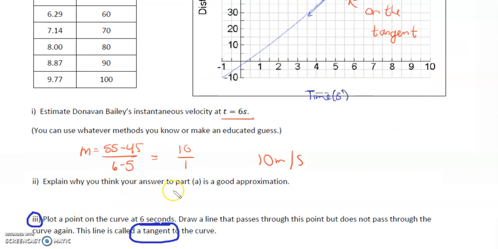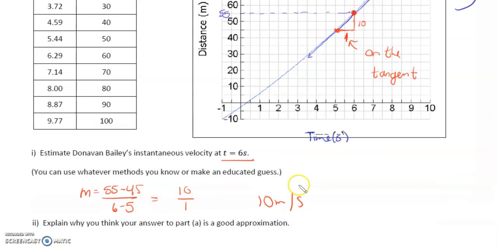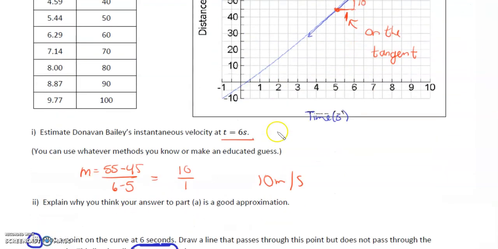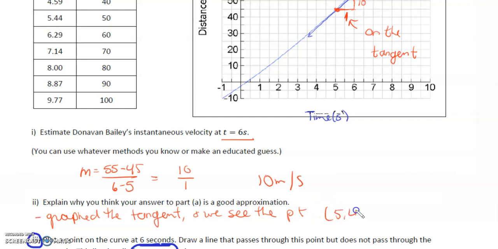And now explain why you think your answer in part A is a good approximation. So it's definitely approximate, but what we did is we graphed the line. So I think that it's a good approximation because we graphed the tangent, let's be specific. We graphed the tangent, and we see the point 5, 45 approximately lies on the tangent.